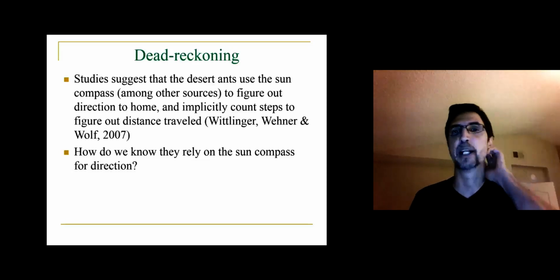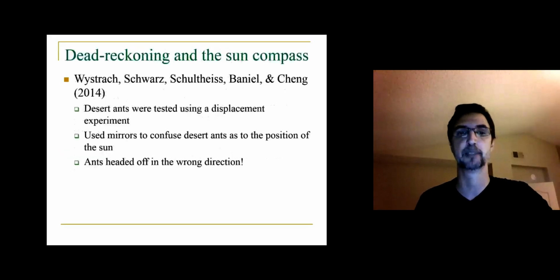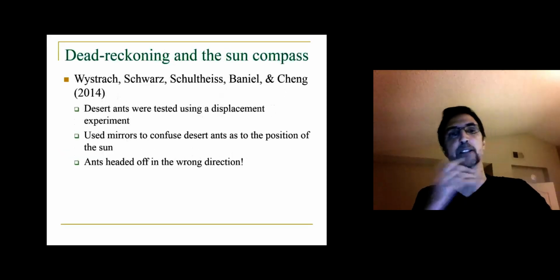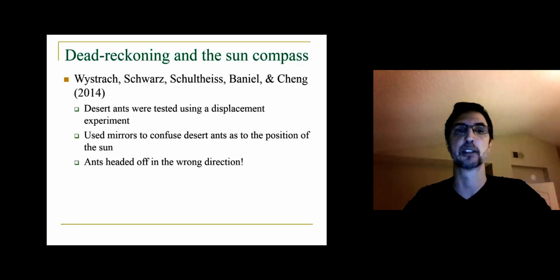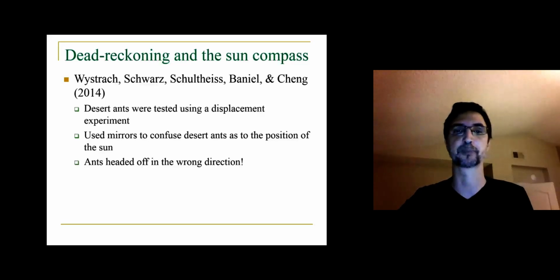So how do we know that ants are using a sun compass for direction when they're dead reckoning? Well, a study by Wehner and colleagues looked at this. Desert ants, again, were the subjects, and they were tested using a displacement experiment. So when they found food, they were displaced to a different location.